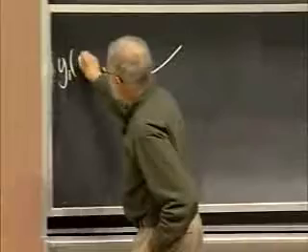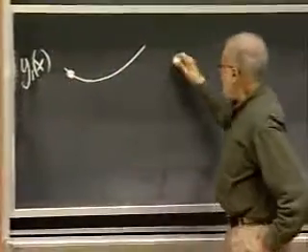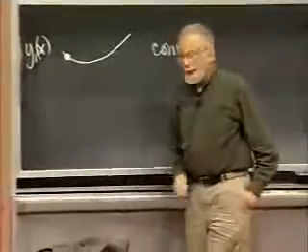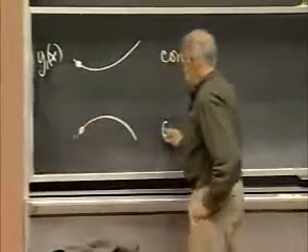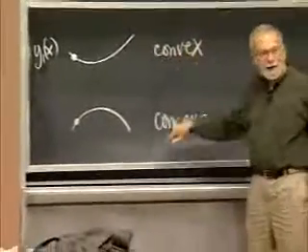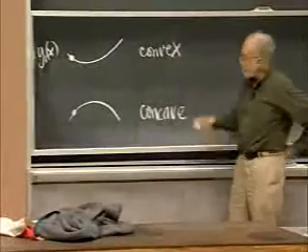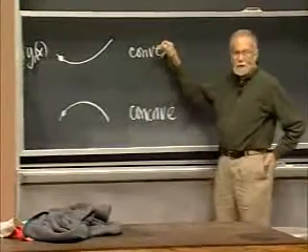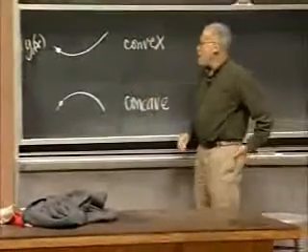Let's call it y1 of x, and let's say here was the starting point. Here the solution is convex, and here the solution is concave. Concave up, but concave down, if you learned those words. I think those have by now pretty well disappeared from the curriculum. Convex is that, and the other one is concave.